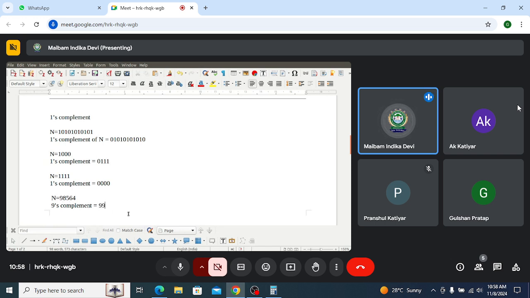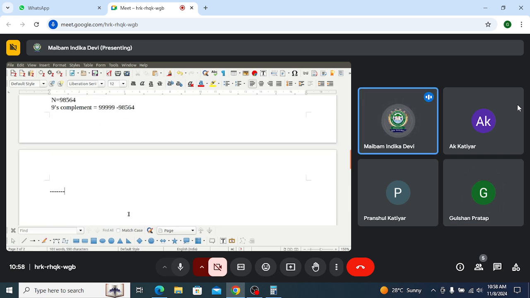So you write five 9s minus 98564. Clear? So this is very easy. Now we have discussed in the previous slide finding 2's complement by using 1's complement. Remember?